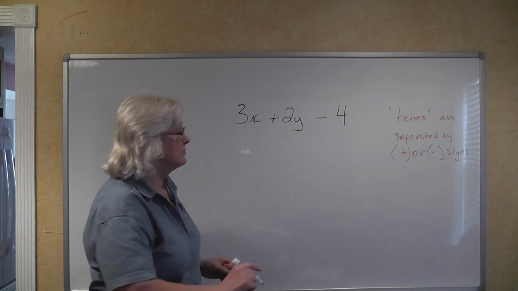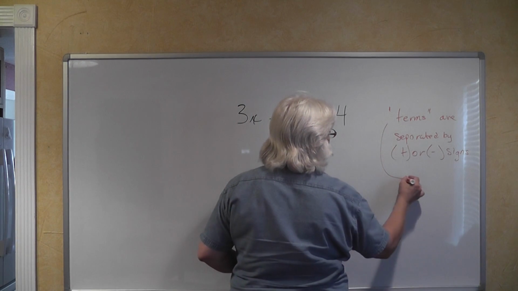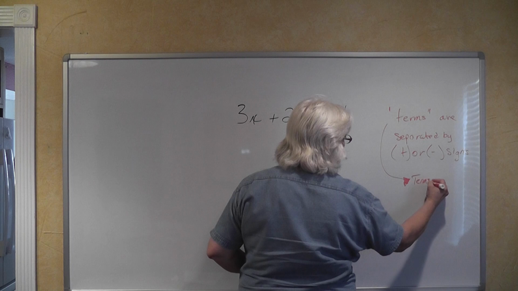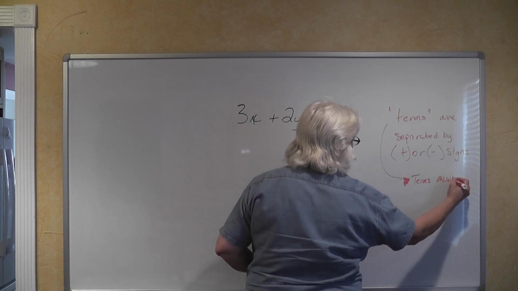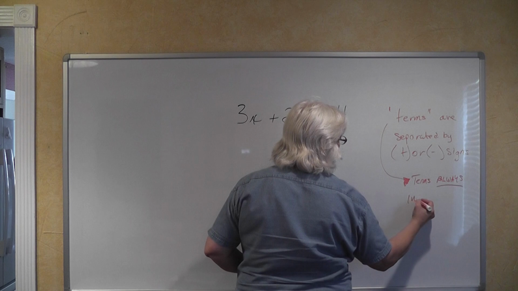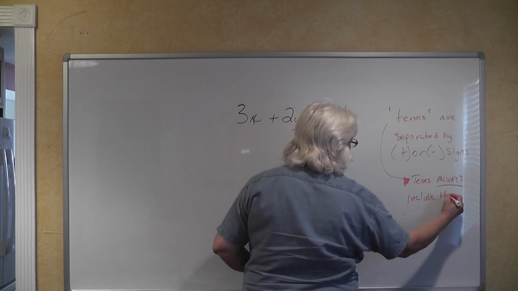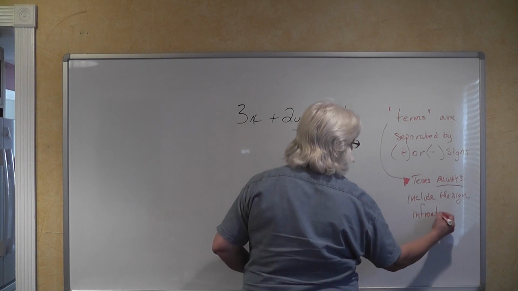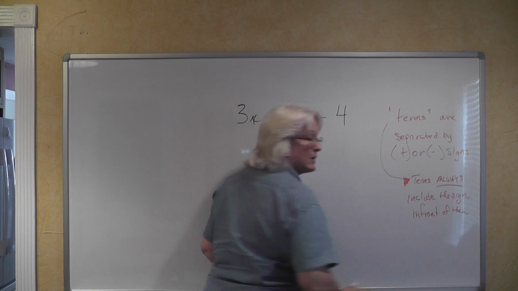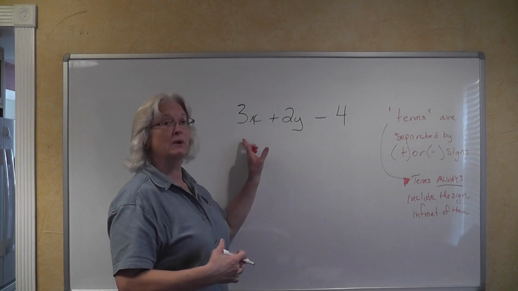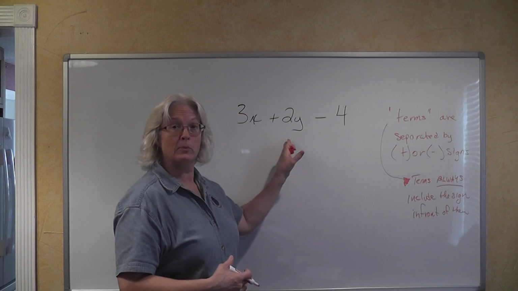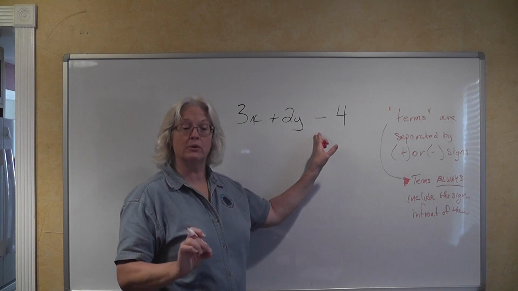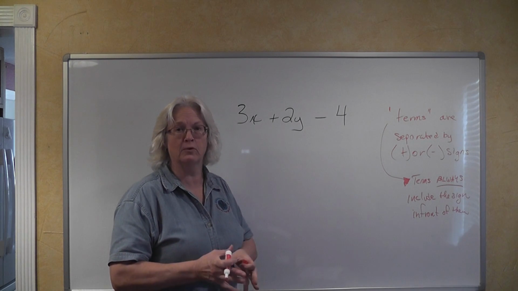And terms include the sign in front of them. It's not optional. Terms always include the sign in front of them. So what would the first term be in this? We have 3x. What would the second term be? It's a positive 2y. And the third term is not 4, but a negative 4.